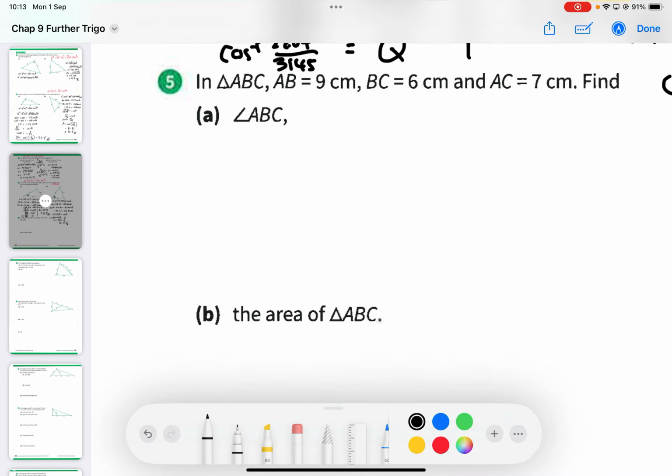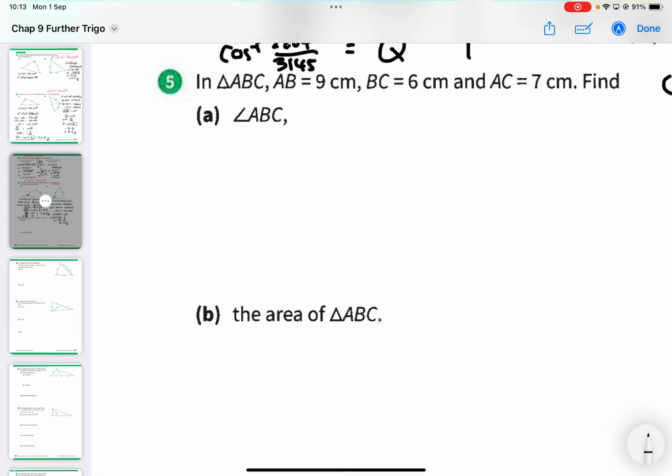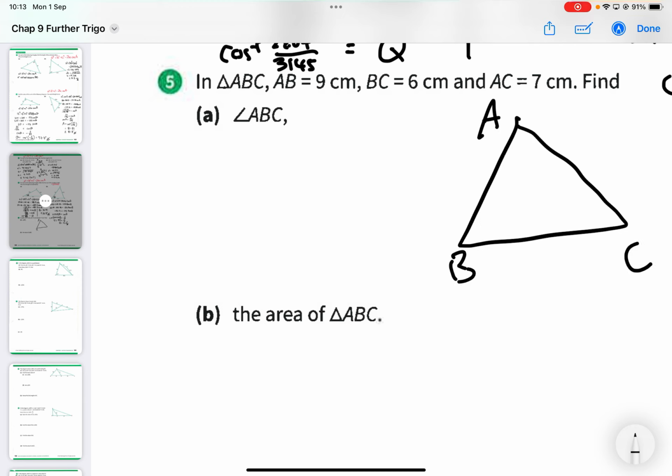Again I will start with a sketch to help myself visualize. AB is 9, BC is 6.